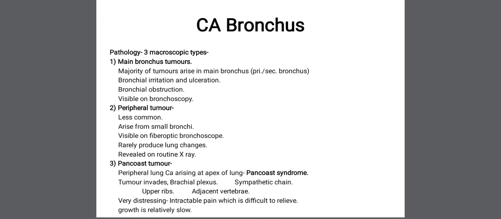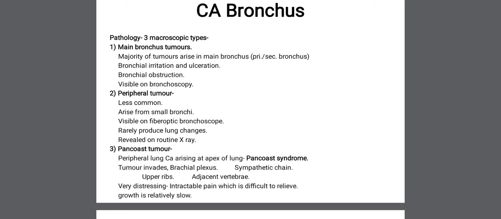The peripheral tumor will include the small bronchi, and the Pancoast tumor is present at the apex of the lung, and this tumor will invade the brachial plexus, sympathetic chain, upper ribs and adjacent vertebrae.